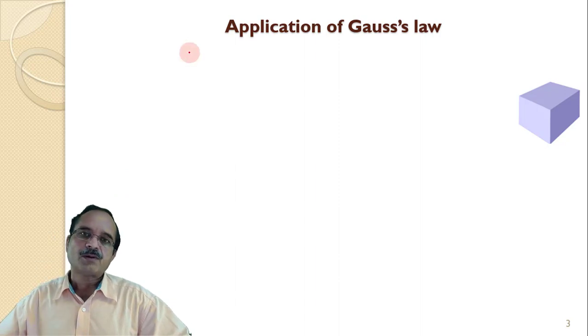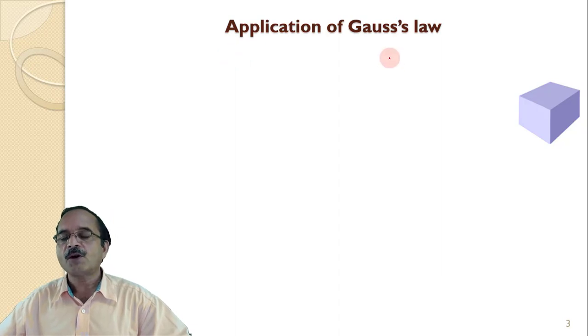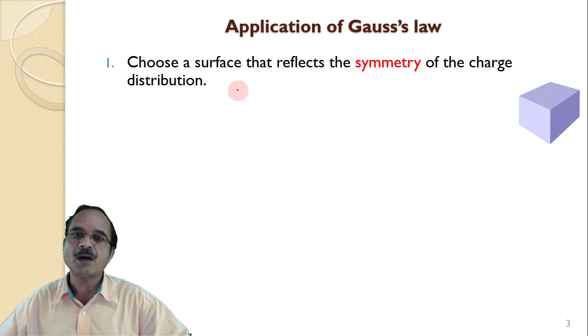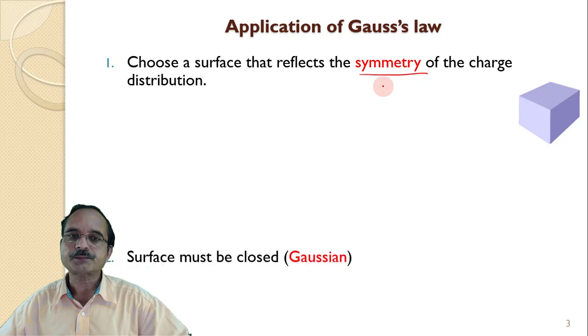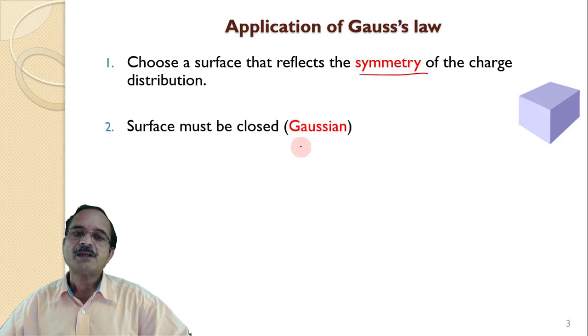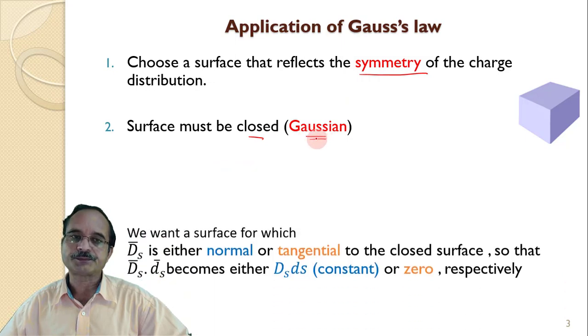Now, to apply Gauss law for solving problems, the steps to be followed are: the surface selected must be a symmetrical surface, or the charge distribution must be symmetric. The surface must be a closed surface, that means it should be a Gaussian surface.